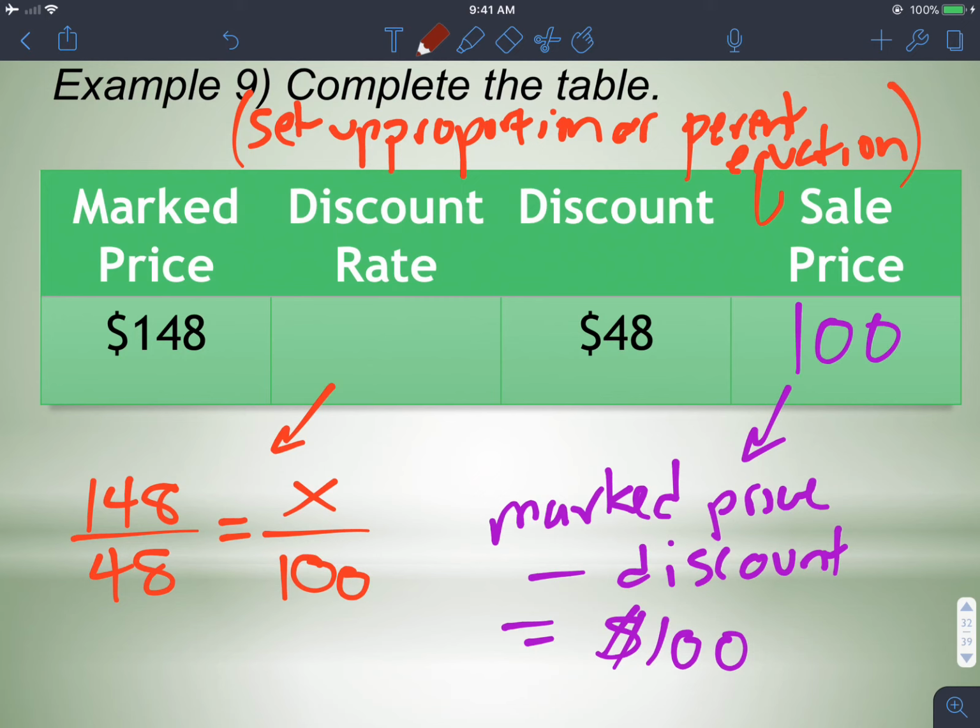All right, what's the total price? Is it the 48 or the 148? The 148. So that means we should flip it and put that on the bottom. Like that.